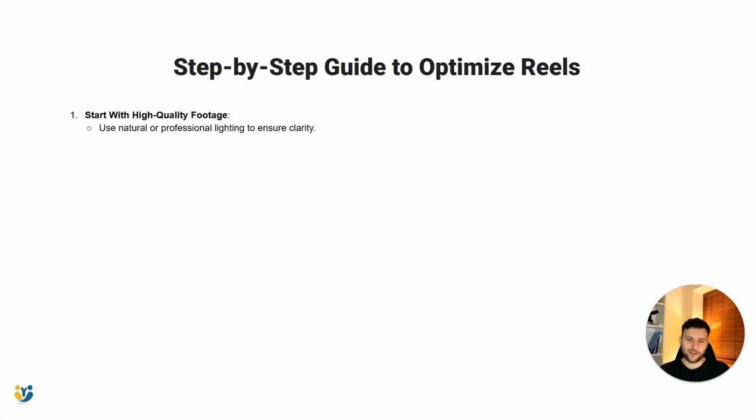Use natural or professional lighting to ensure clarity. Record the videos in vertical format with a resolution of at least 1080p, which is full HD. Instagram is optimized for full HD, so make sure you use this type of resolution.